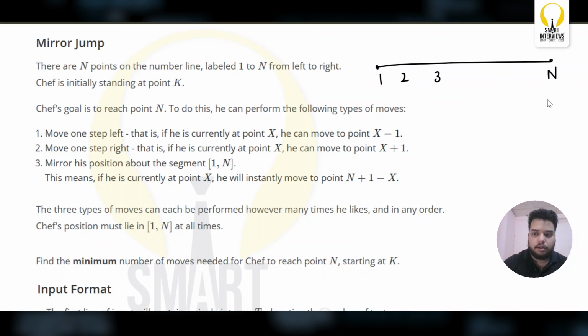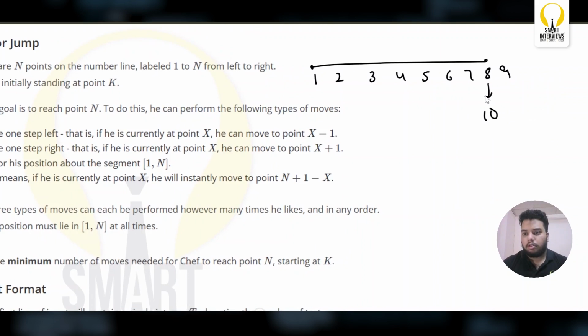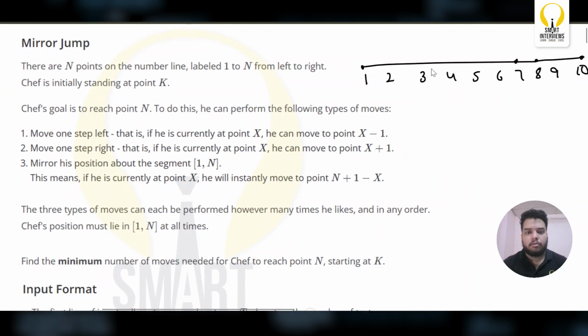Let's say n is 10. Now let's say Chef is standing at some point, let's say 7. So Chef is standing here.